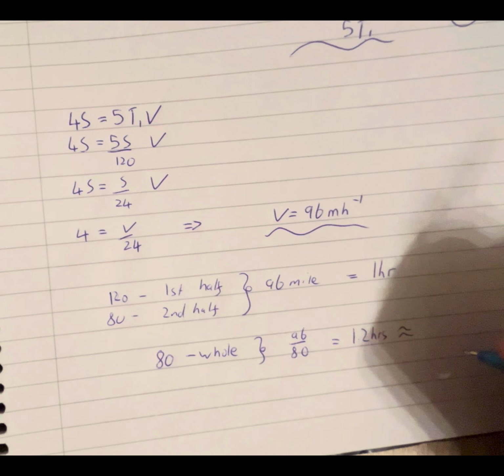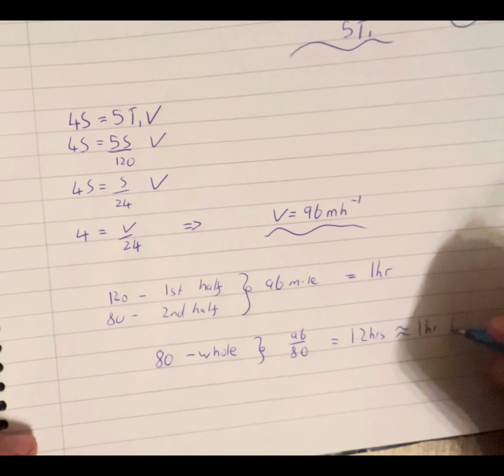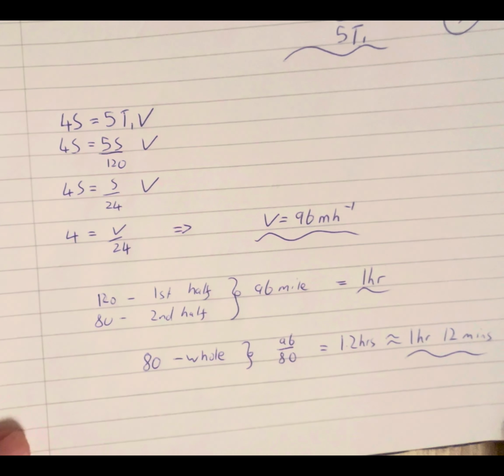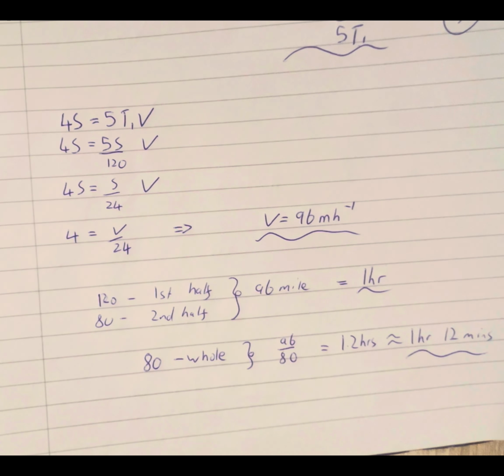It's 1 hour, 12 minutes. Right? So if you speed at 1.5 times the speed limit for half of the journey, you actually only save 12 minutes. That is pointless.